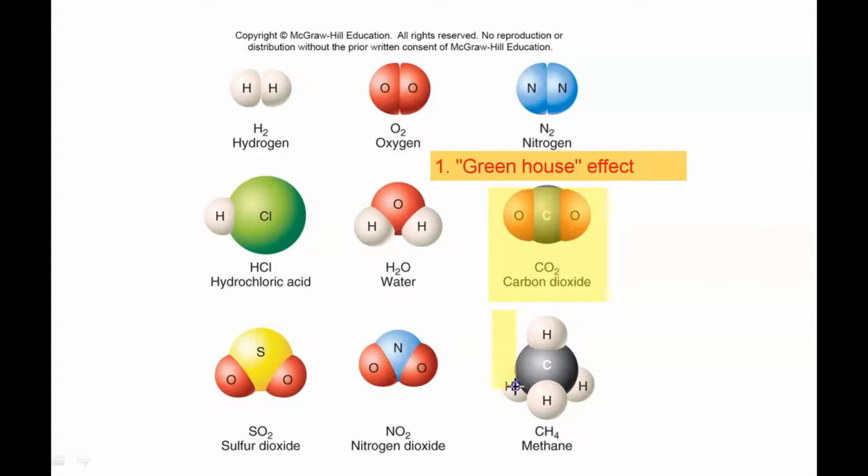It's methane, CH4, which is over here. So methane is a powerful greenhouse gas, even stronger than CO2. Another very powerful greenhouse gas is water when it is in the form of water vapor.